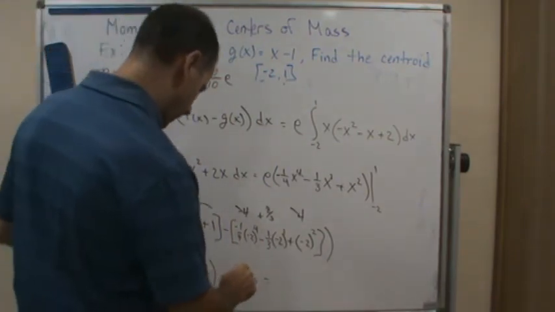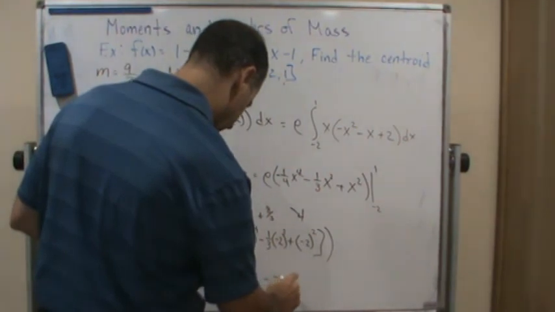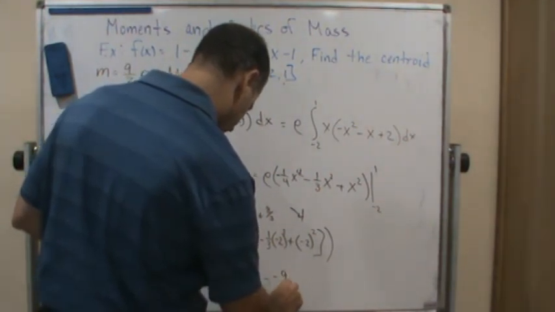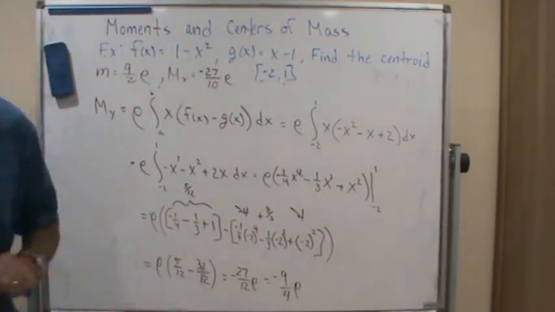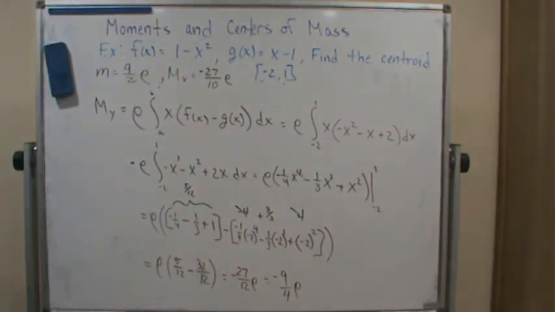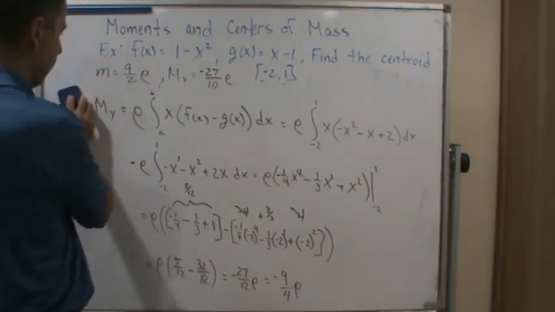So this is going to become negative 9/4 rho. And that's it. So now we got that one. So negative 9/4 rho.